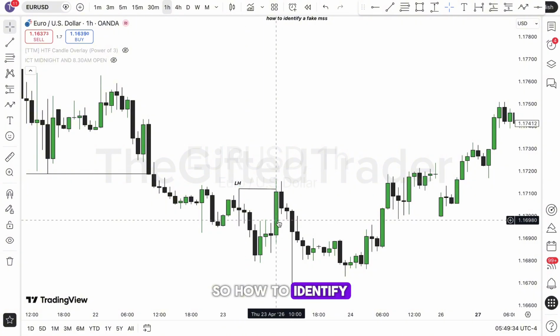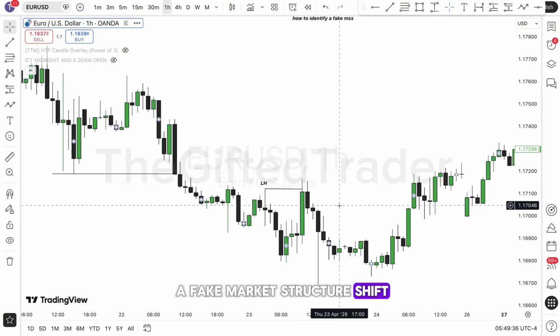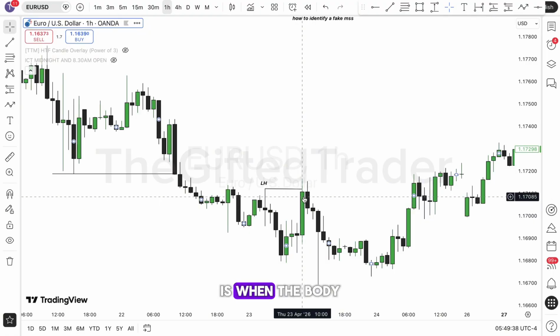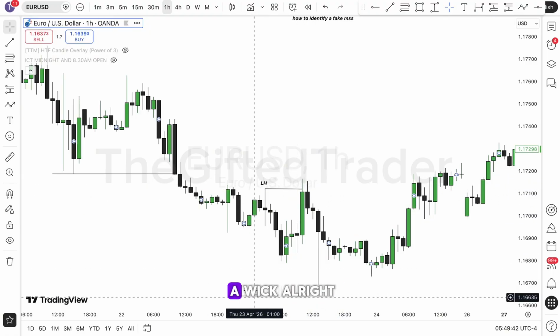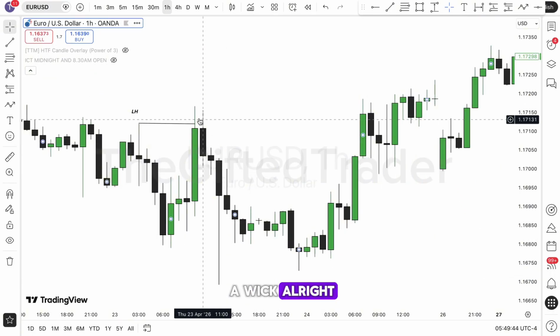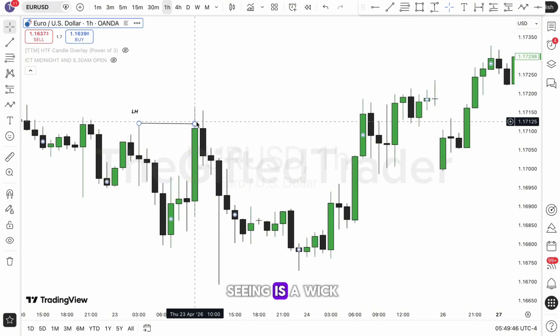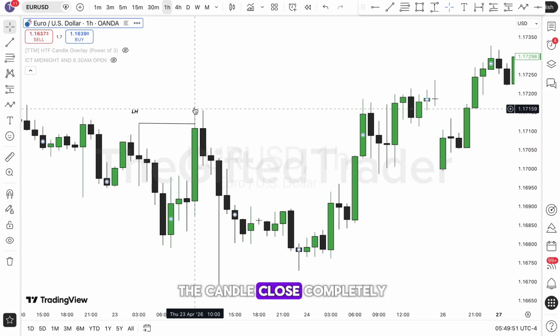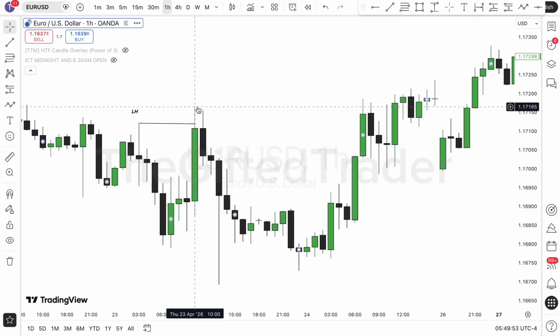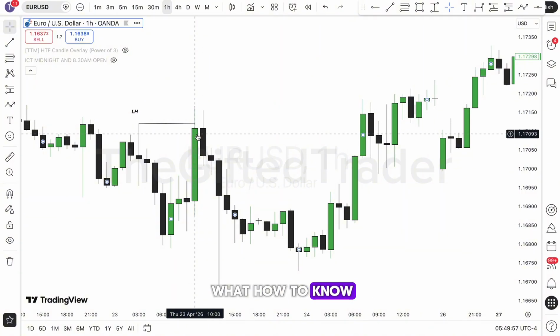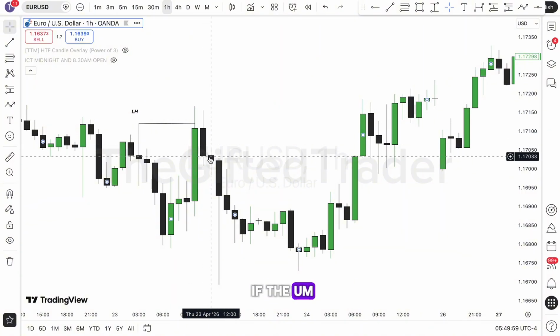So how to identify a fake market structure shift is when the body of the candle, this line right here that you're seeing, is a wick. It's when the body of the candle closes completely. Right, I'll show you another example of how to know if the market structure shift was completed.